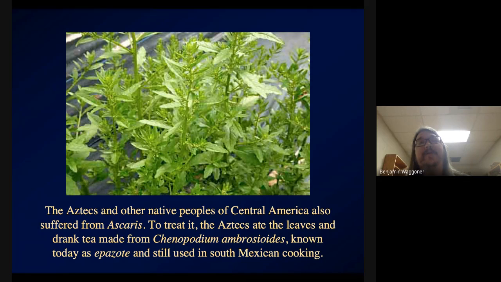But if you ever go down to South Mexico and get the real, authentic cooking, you may get to taste some epazote. And it can be used just as a flavoring, but it began as a remedy for Ascaris infection. There is an essential oil in the leaves and in tea made from it that parasites really don't like.